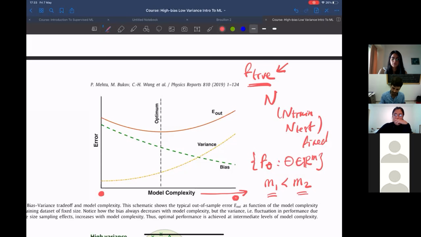And here we said that the training data is fixed. So the sampling noise is what it is. We have, let's say, 10,000 data points to train, and we have no more. So we have to deal with that. And this data is imperfect. It is corrupted by noise. It is finite. We have to deal with that.